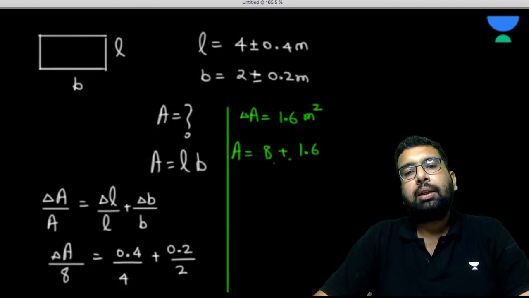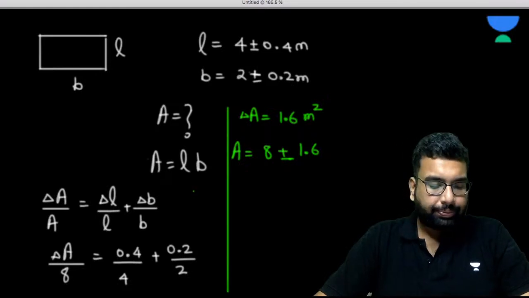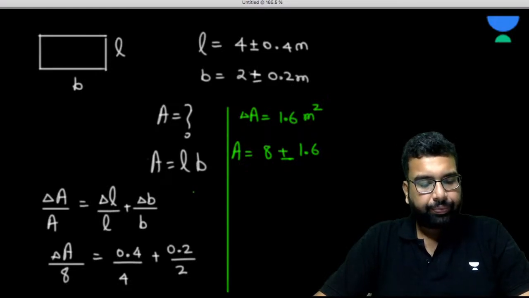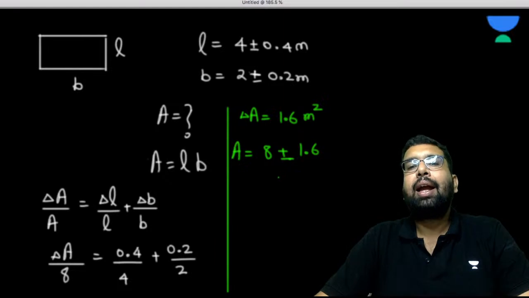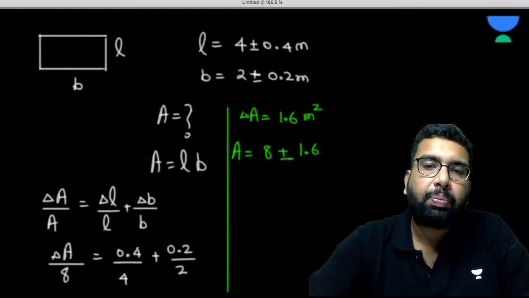I hope it is fine to everyone. Wonderful. So we can write the area as 8 plus minus 1.6. Understood? Wonderful.